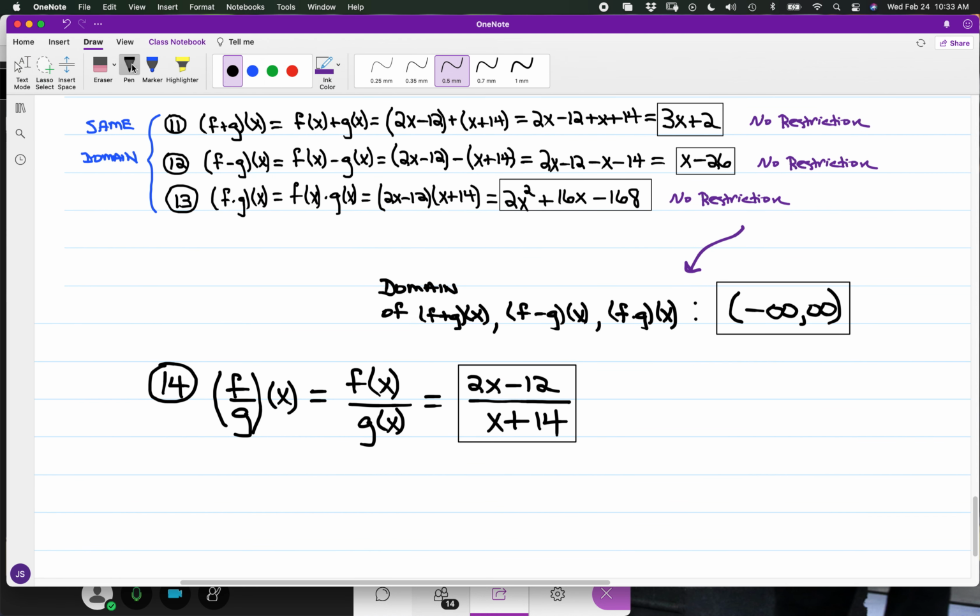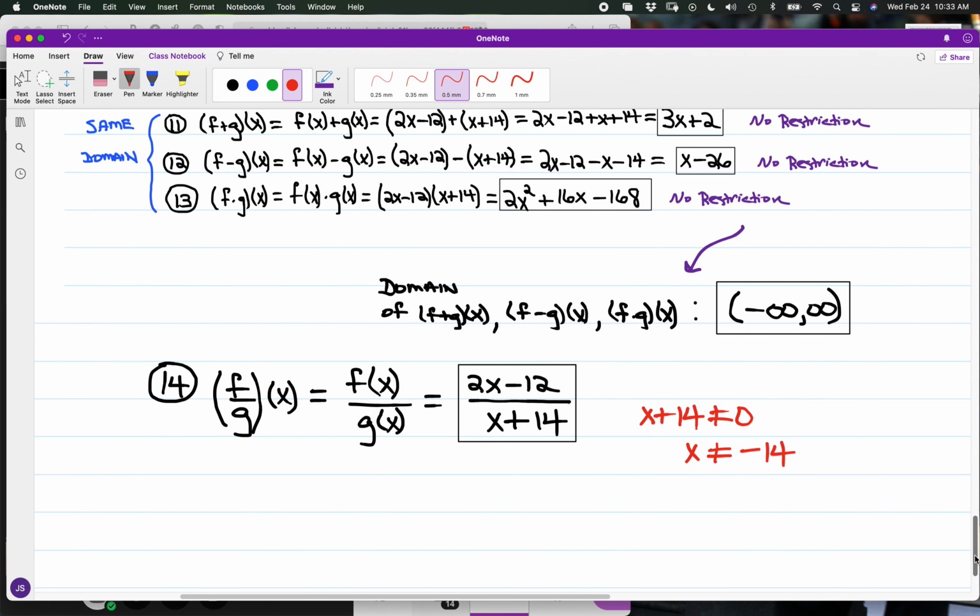Now regarding the domain, here we have a fraction. Again, there are no restrictions for f of x and g of x in the context in which they were presented. But now with g of x situated in the denominator, g of x cannot be 0. So x plus 14 cannot be equal to 0, and the restriction on this rational function is that x cannot be negative 14.